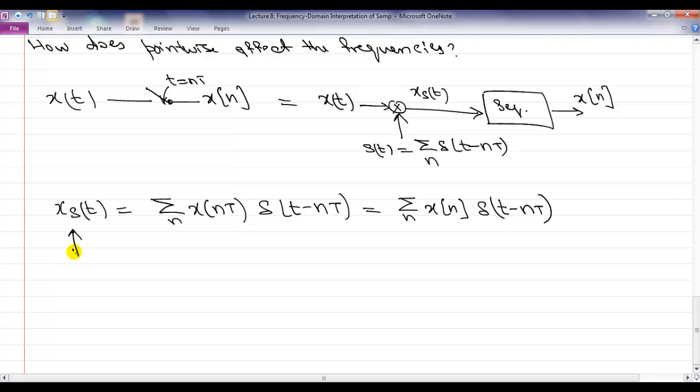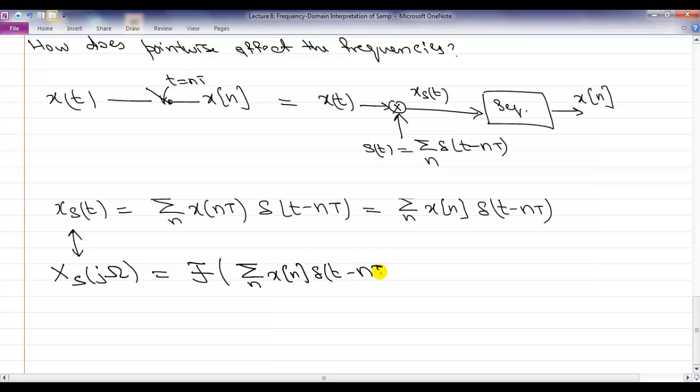So let's take its Fourier transform now. It's a continuous time signal, so Xs(jΩ) is simply the Fourier transform of this summation over n of x[n] delta of t minus nT.